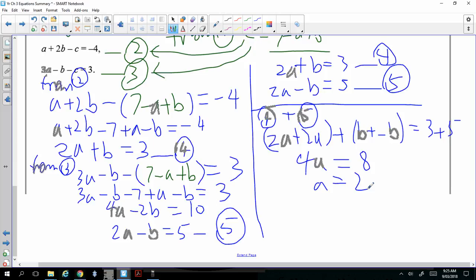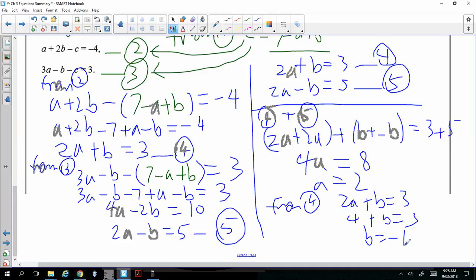Once you find A, substitute back into either 4 or 5. I'm going to substitute into 4. So from 4, you're going to get 2A plus B equal to 3. 4 plus B equal to 3. B is negative 1. And then what do we do after that? We're going to find C. To find C, we use this equation that we wrote on the top.